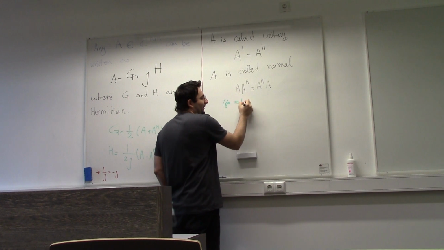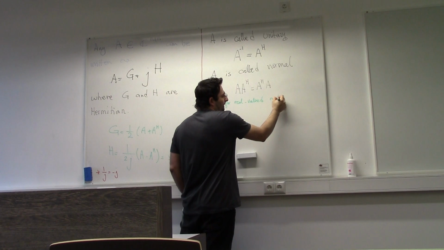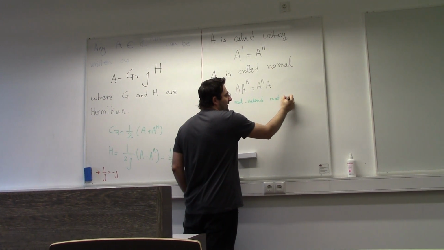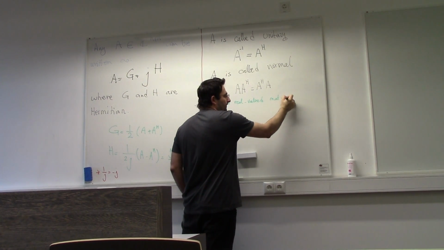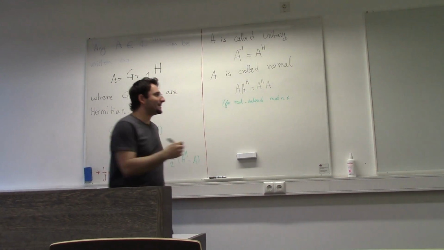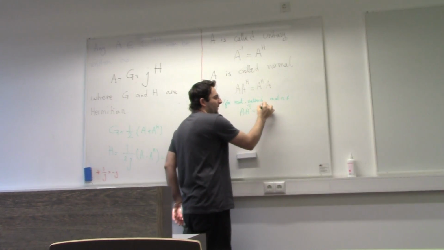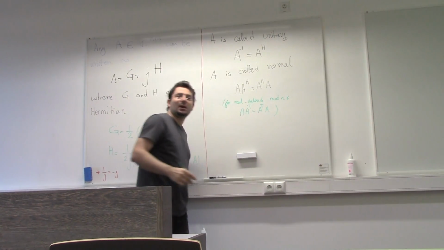For a real valued matrix, the normal definition is A A transpose is equal to A transpose A. What about the unitary?